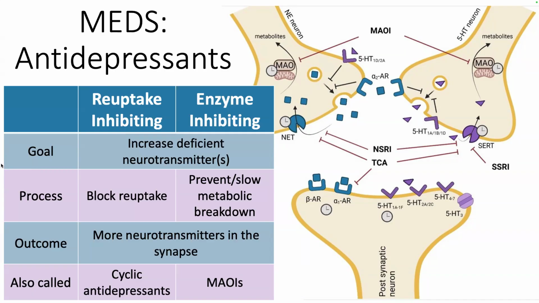So reuptake inhibiting antidepressants are going to block these channels so that the neurotransmitter can't be sucked back up in the cell, leaving more in the synapse. Enzyme inhibiting ones are going to slow the breakdown, so that if the breakdown's slower, there's more in the synapse.